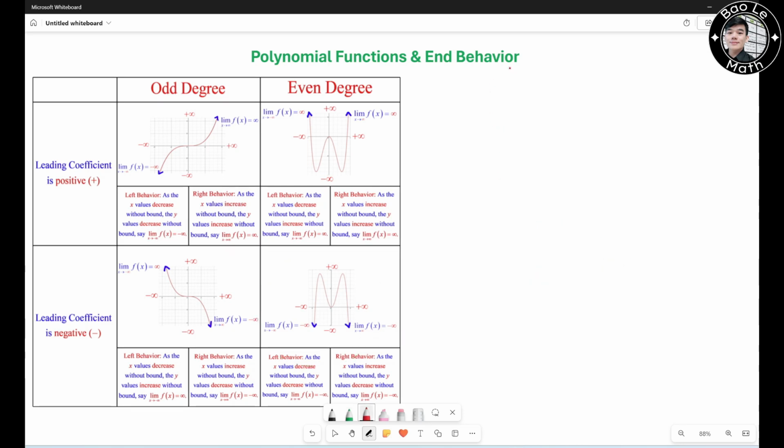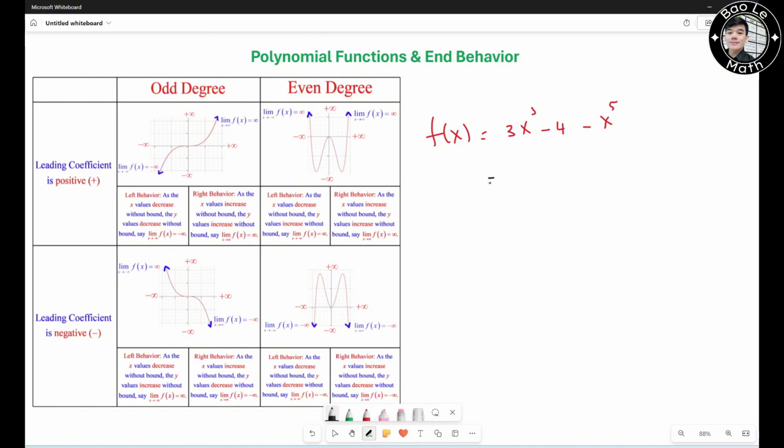Now let's take a look at another example. For example, if I have the function f of s is 3s cubed minus 4 minus s to the power of 5. I see that the terms are not written in order, so I need to rewrite this one.